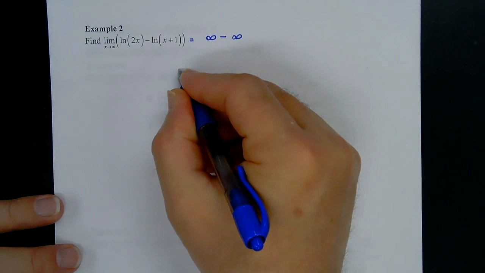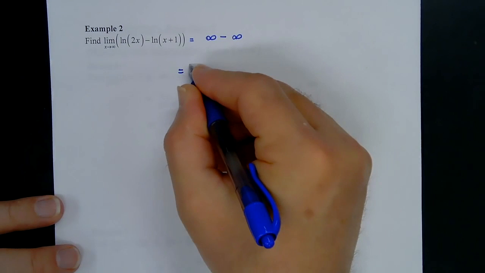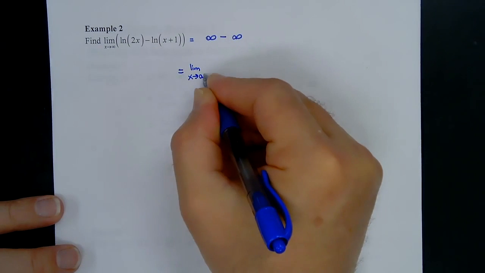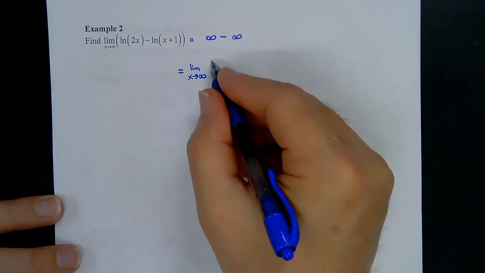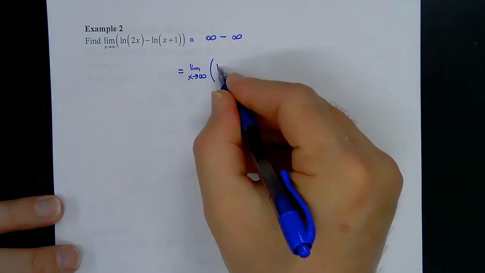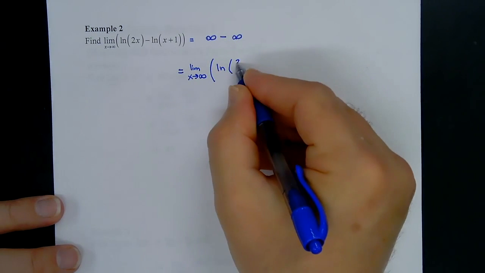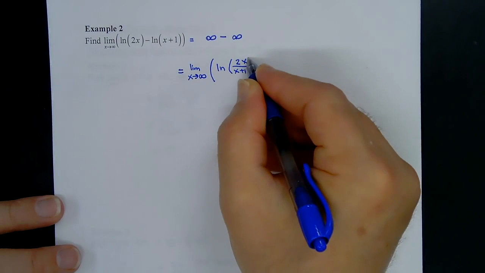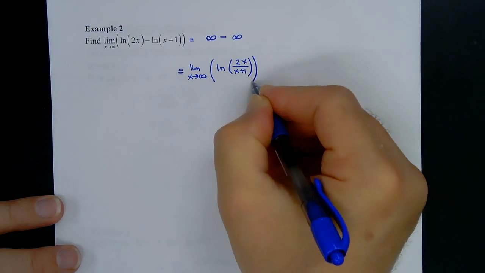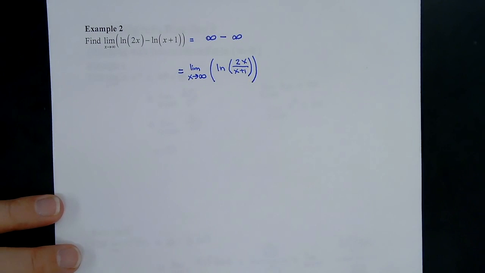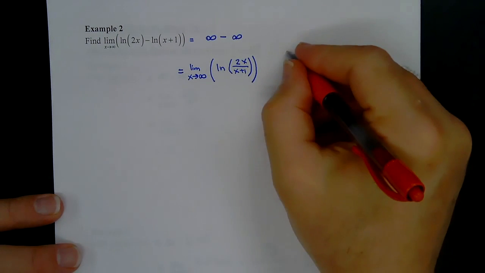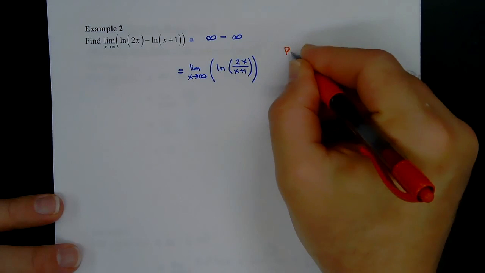So what this turns out to be is the limit as x approaches infinity of a single logarithm of 2x over x plus 1. And what I used to determine this was a property of logarithms that we haven't looked at in a while.